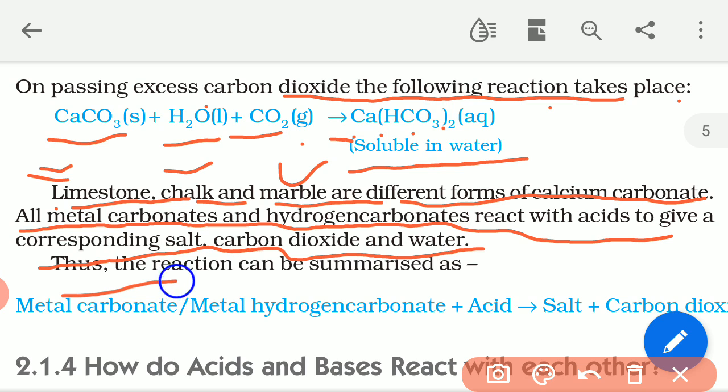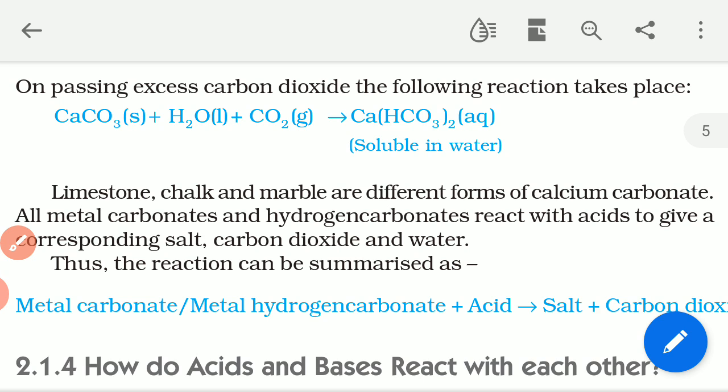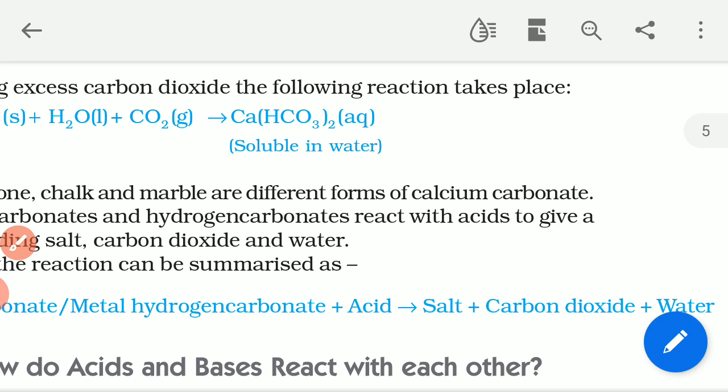Thus the reaction can be summarized as follows: metal carbonate or metal hydrogen carbonate plus acid forms salt, carbon dioxide and water.